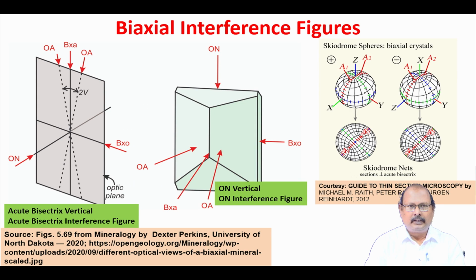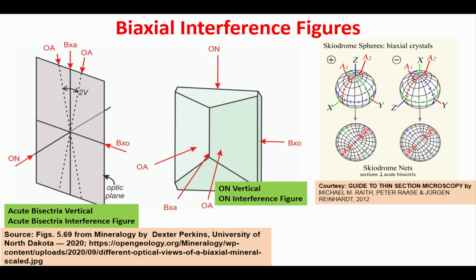So, if you remember the optical indicatrix of biaxial minerals, you must recognize that in the principal section of the indicatrix of a biaxial mineral, which is also the optic axial plane, you have two optic axes.